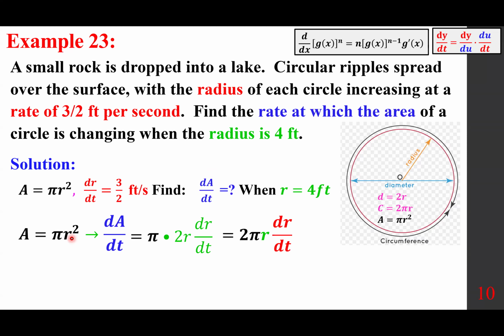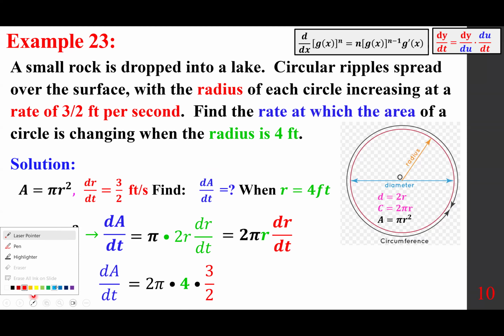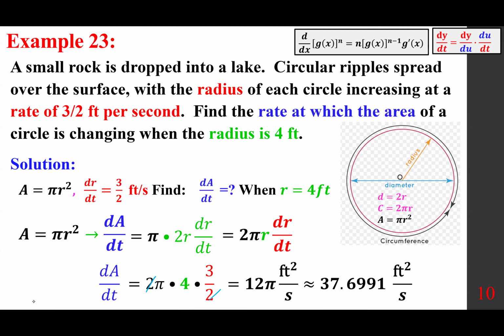Replace the r with 4 and dr/dt with 3/2, and it becomes 12 pi square feet per second, units of area over units of time, and the decimal is an approximation. Always write the exact answer, and then if need be, the approximation.